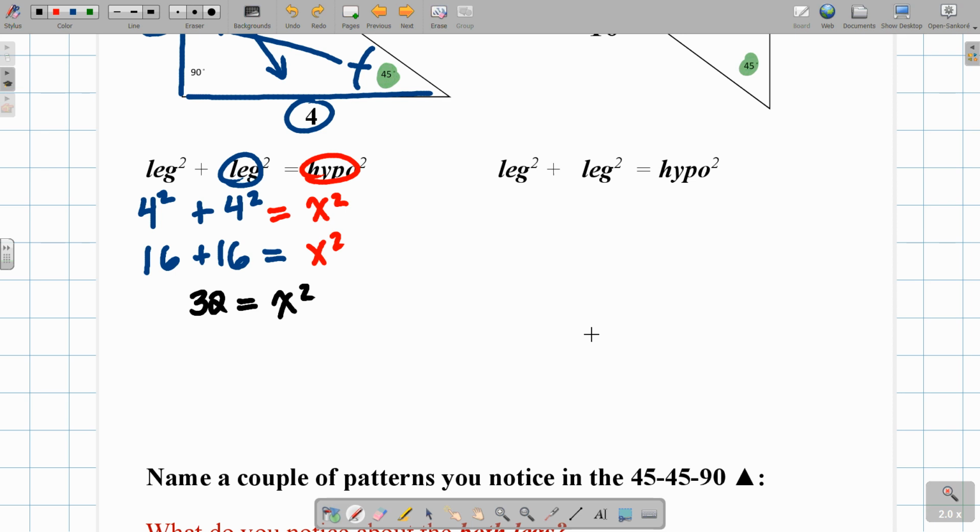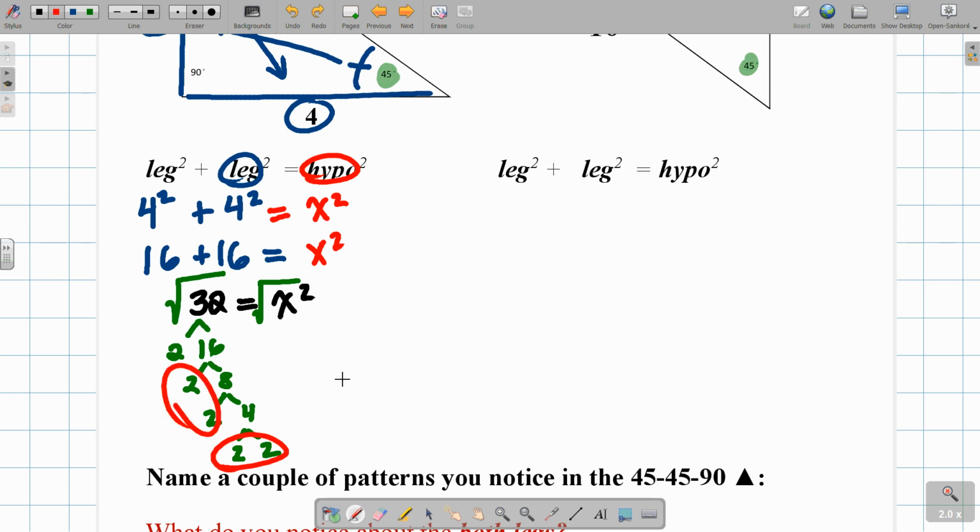The opposite of squaring is square rooting. Now we're going to factor 32 here. Bring out your pairs, which are 2 sets of 2's. This 2 stays home.